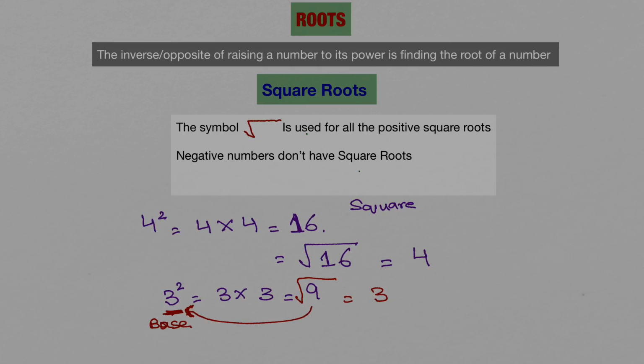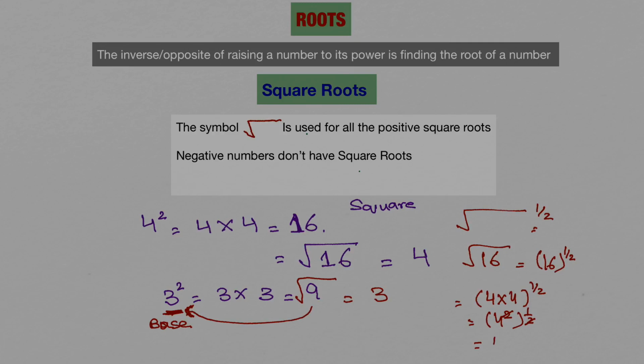The square root sign usually holds a power of a half. So I can show you another way as well. If you have the square root of 16, you can write it as 16 to the power half. We can write 16 as 4 squared, to the power half. The 2 and the half cancel each other and bring us back to 4.